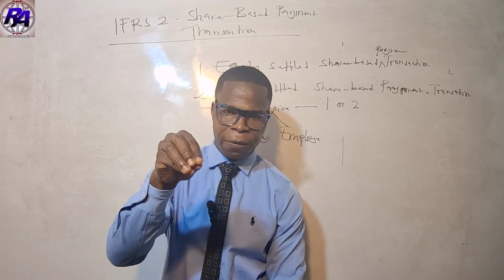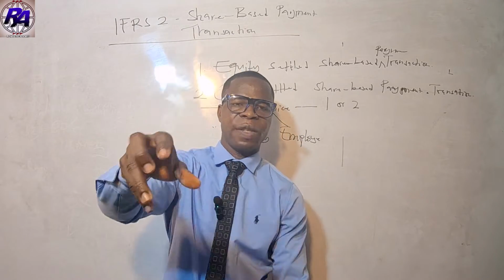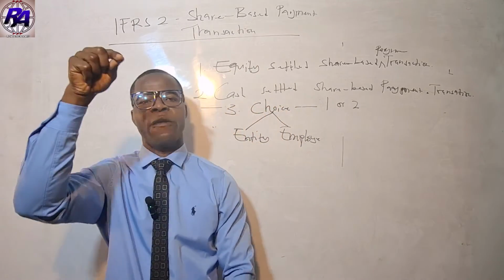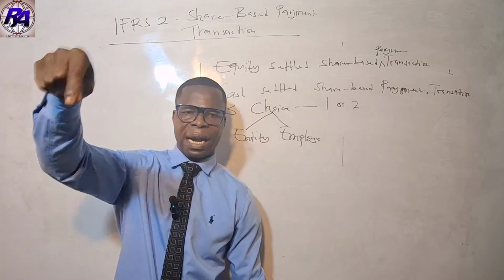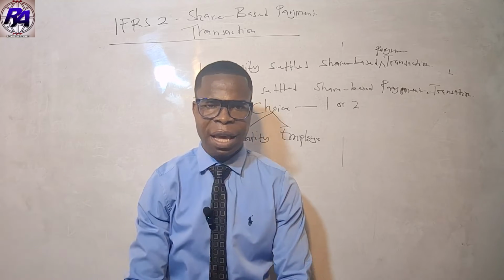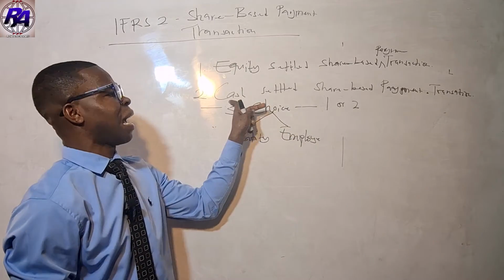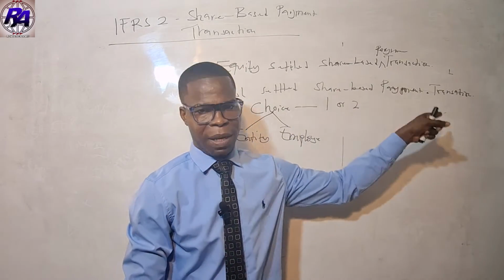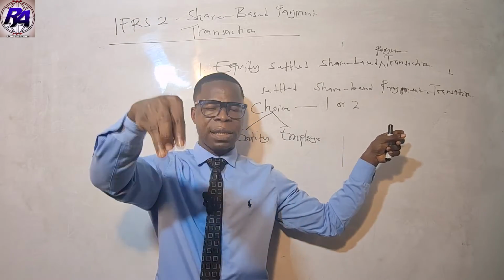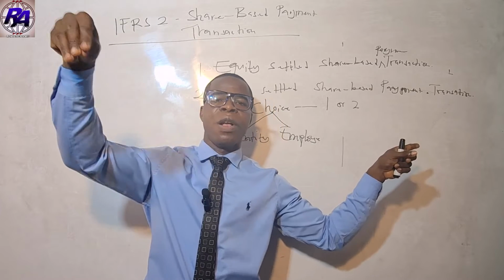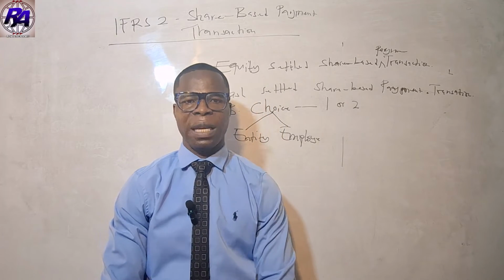However, if the price of the goods and services received from the supplier or from the employee is determined based on the equity price or the share price of the entity, then that becomes a cash settled share-based payment. So you recognize a liability, and that liability is based on the share price of the equity instrument of the entity.